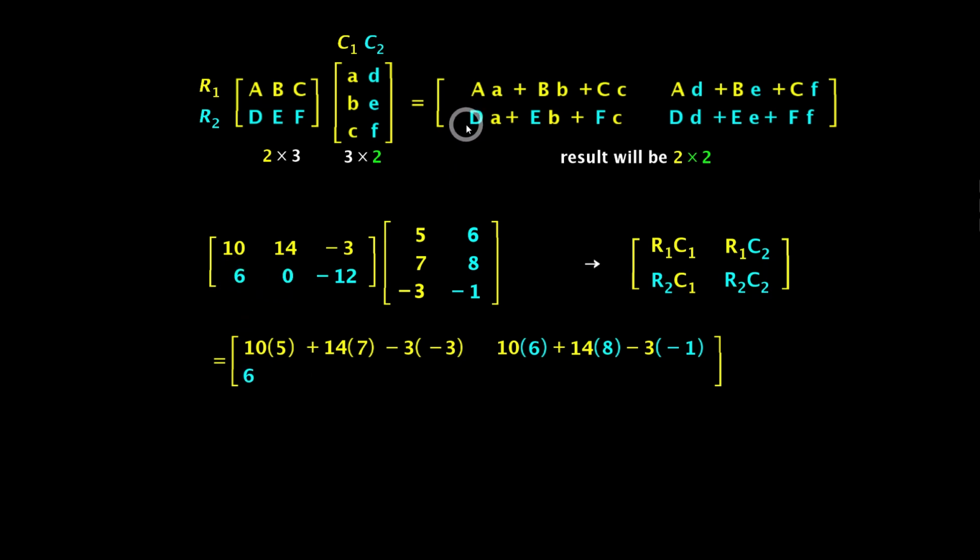We are picking up the DEF. DEF is the D value, the E value, and the F value, and it will get multiplied with the ABC. So it's 6 with the 5, plus the 0 with the 7 gets multiplied. Everything is plus because we have to make it one time, is the negative 12 with the negative 1.